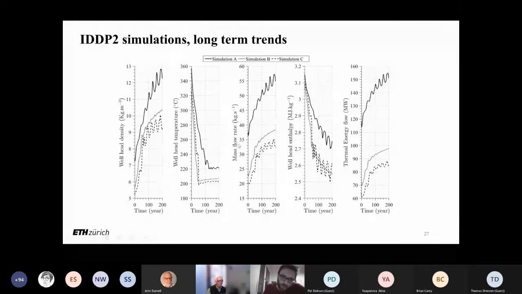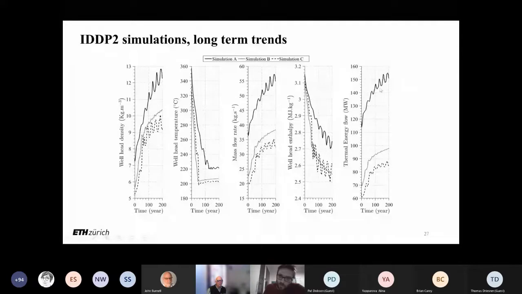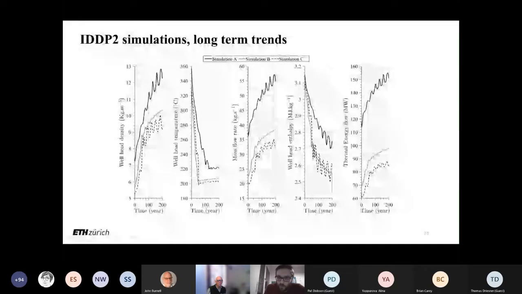So what you have is, despite this, an increase in mass flow rate and an increase in the thermal energy produced by the well, because the increase in mass flow rate overcompensates for the drop in enthalpy. So these are all properties at the wellhead of the well. This is really what's coming out of the well at the surface.